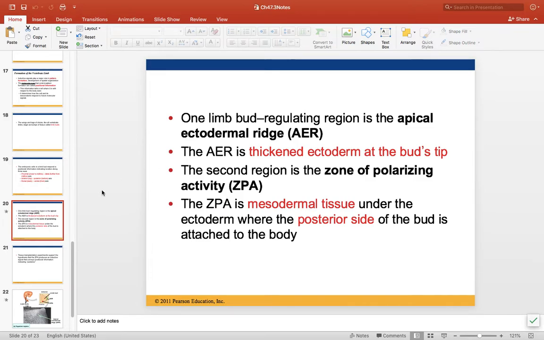One limb bud regulating region is called the apical ectodermal ridge, the AER. It's thickened ectoderm at the bud's tip. The second region is the zone of polarizing activity, the ZPA. That's a mesoderm layer. You remember you have epidermis on the outside, mesoderm underneath that, which is under the ectoderm, where the posterior side of the bud is attached to the body.